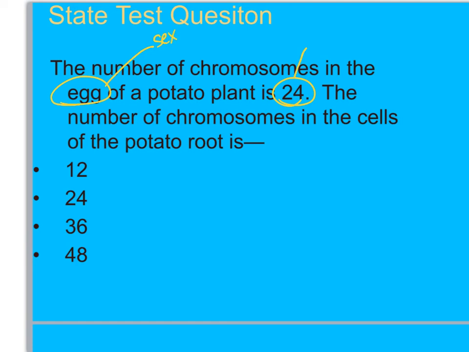And so sex cells, are they diploid or haploid? Haploid. So 24 is our haploid number. So then you have to look at the potato root. Okay, so a root is going to be a somatic cell. And we know somatic cells are diploid. So if they gave me the haploid number, which was 24, what would the diploid number be? That would be 48.